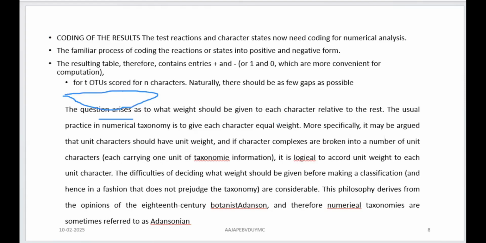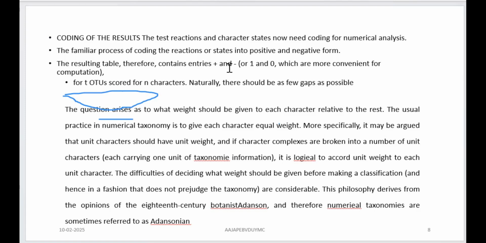Now here, when we are talking about coding, let's understand about it. Coding of the results: when you are doing different test reactions and characteristics, you are marking it in positive or negative form. All right, that is what we commonly do. Now here we have talked about a unique common system, which contains entries like plus or minus.